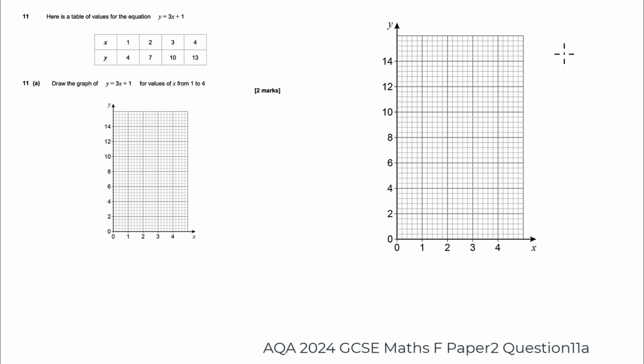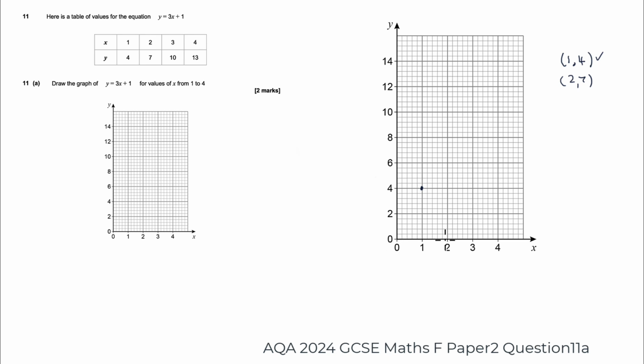That gives us a point on the graph. X is 1, we go 1 along and 4 up. So there's a point on the graph of that equation. Let's do the next pair of values. X is 2, y is 7.